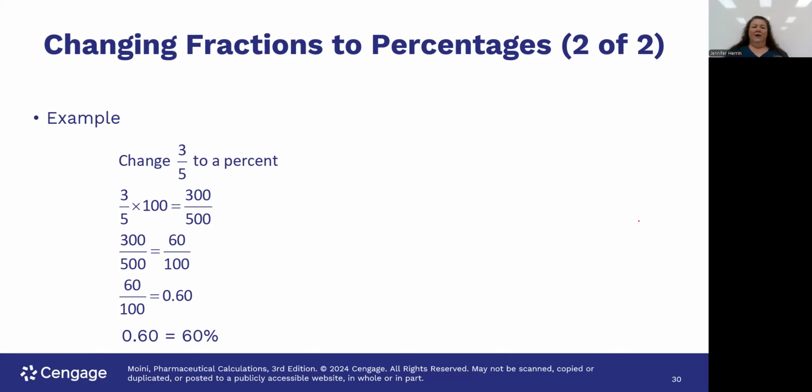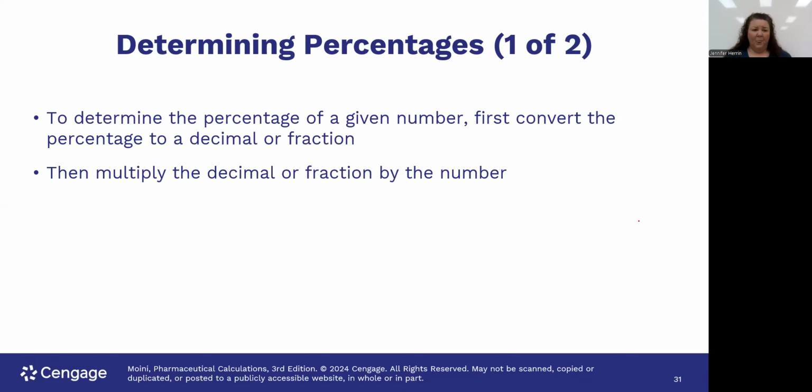If it does not, then you are going to have to type 3 divided by 5 equals times 100 to get to the 60%. So it's just a matter of some phones require you to hit equals after the division. Some of them do not. So it's a matter of how your phone is set up.